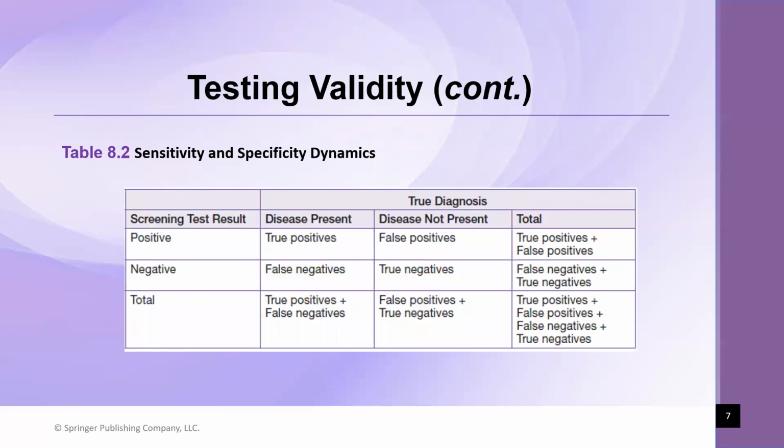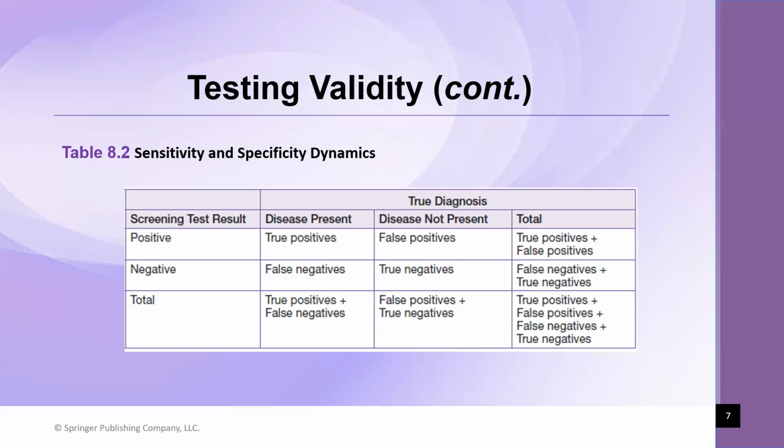When we're talking about testing validity and screening, the sensitivity and specificity dynamics, what this means is that if you hear that a test has 90% sensitivity, that means that 90% of the individuals screened by the test will have a true positive result, with 10% having a false negative.